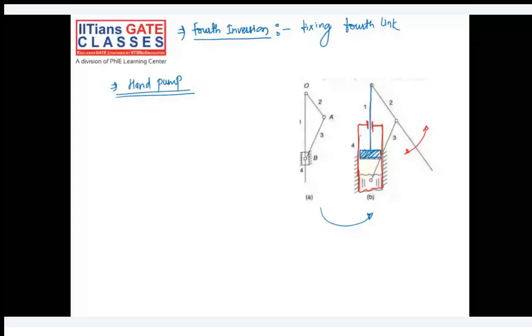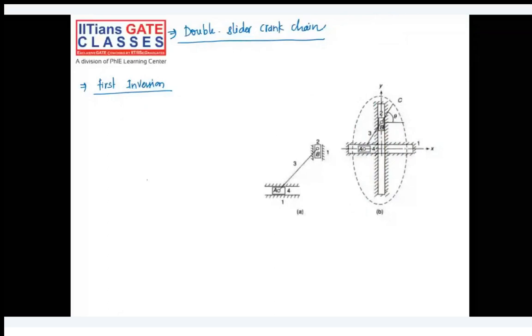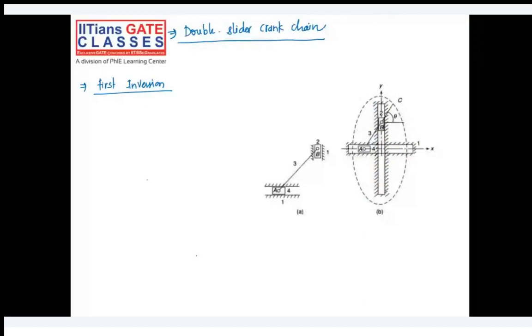This will be used in an application called the elliptical trammel. The elliptical trammel can be used to generate different ellipses. Look at the figure on the right-hand side, figure B. You can clearly see how this mechanism is used.